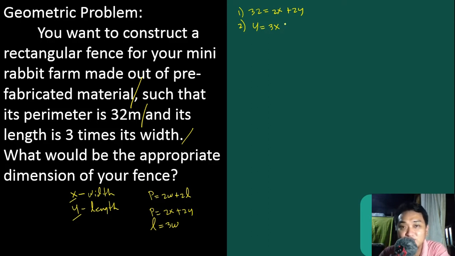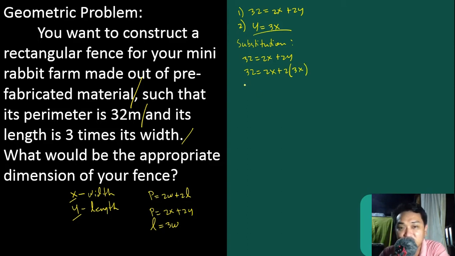So all we have to do now is to evaluate these two linear equations. We can make use of substitution in order for us to find the value of x and y. So that is 32 is equivalent to 2x plus 2y. The value of y is 3x, so that is 32 is equivalent to 2x plus 2 times the value of y, which is 3x.